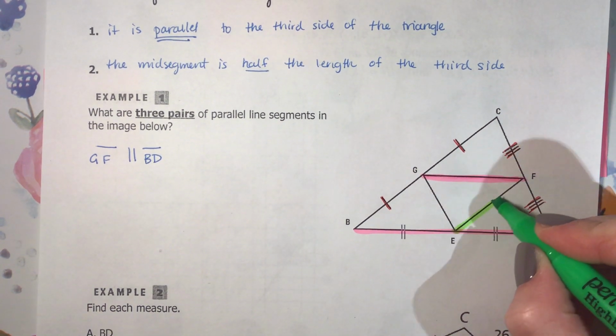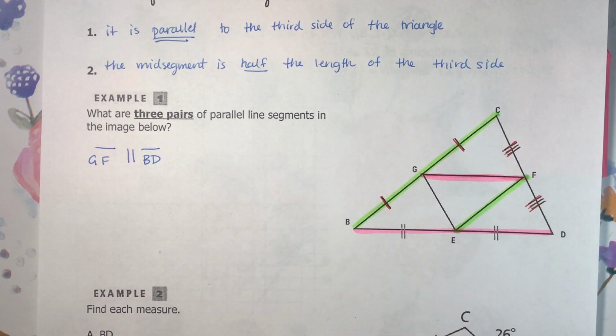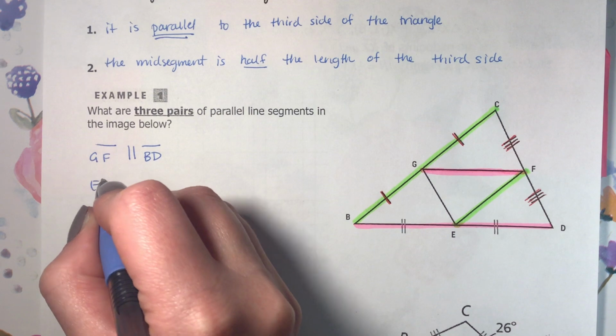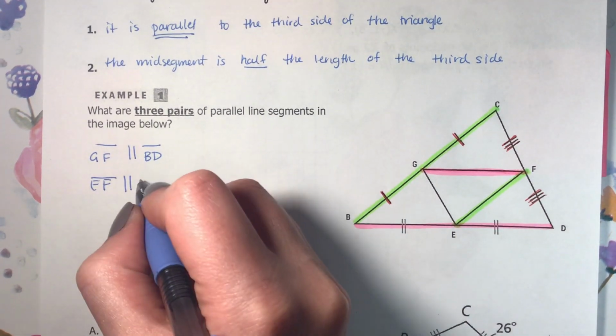I know that EF is parallel to BC. Now remember, parallel means to go in the same direction and to never intersect. Parallel does not mean congruent. Parallel means they are going in the same direction. So our next pair is going to be EF is parallel to BC.